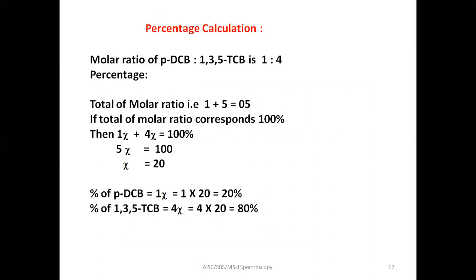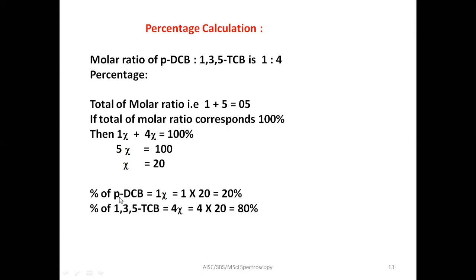Okay. Now from this calculate the percentage for 1:4. Therefore, 1x plus 4x is equal to 100%. So 5x is equal to 100, x becomes 20.